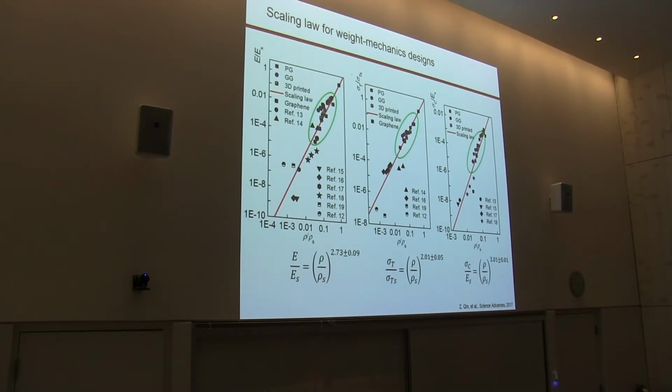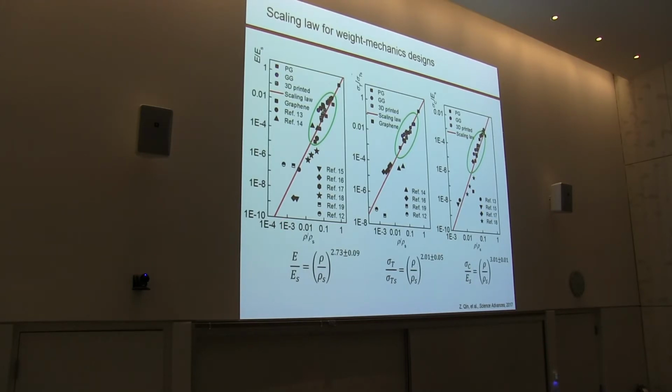Of course, when I compare, I also normalize by the bulk material property. Graphene and this polymer material have different bulk density and also different modulus and strength for their building blocks. But their scaling laws align very well, meaning the structures of those two materials are very similar, and that allows me to reach this constant scaling law.